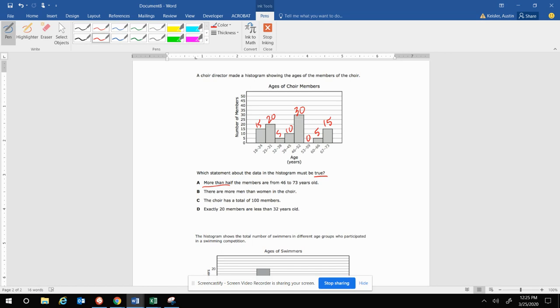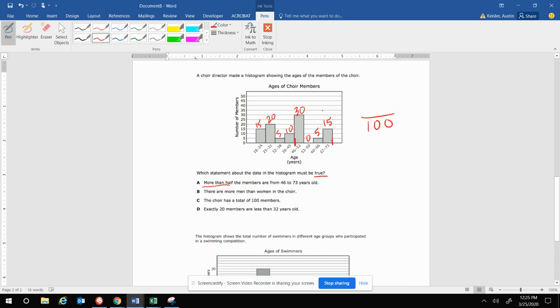So to make a fraction, I'm going to add all those numbers up. And just to save us a little time, I will tell you that if I add all these up, there are 100 total. My denominator of my fraction is always the total. So from 46 to 73, that's going to be from right here, because this bar contains 46 to 52, and 73 is going to be all the way over here.